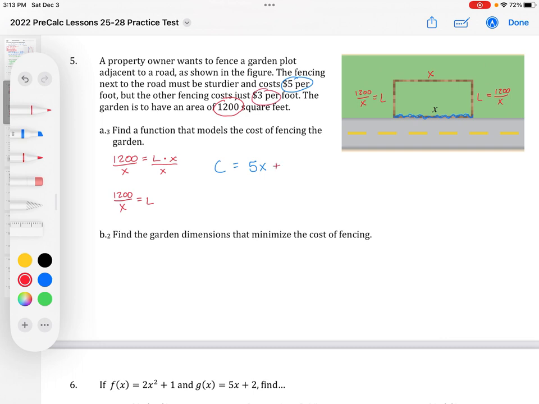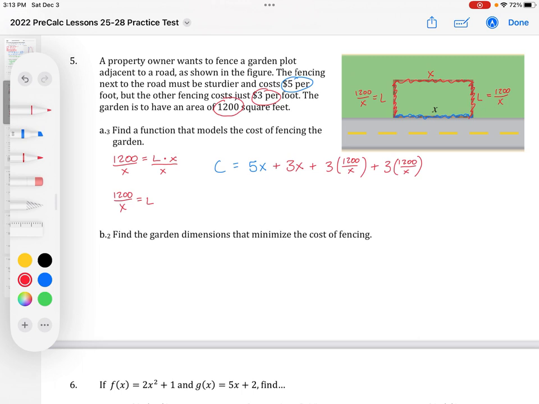So I'm going to add on this top one, which is just going to be $3 times the number of feet. This side one is going to be $3 times the number of feet, which we'll use 1,200 over X. And then this other side over here is going to be another $3 times 1,200 over X.